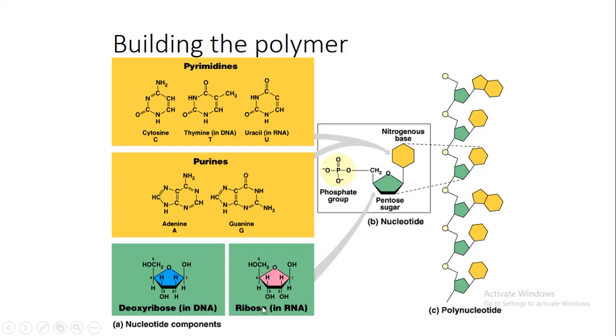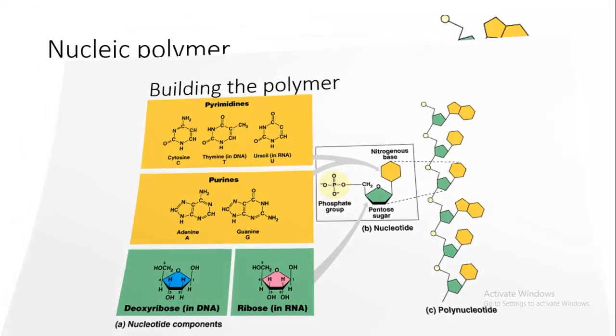If it is in RNA, then it is ribose. The nitrogenous base can either be a purine or a pyrimidine. Then the phosphate group is just the same way. There is nothing that changes there.